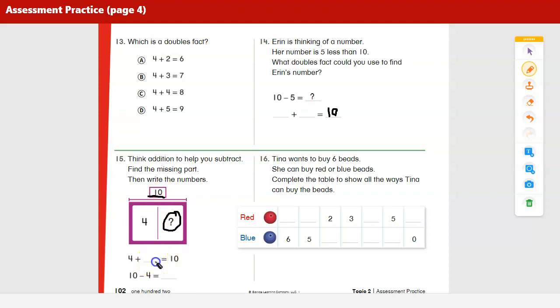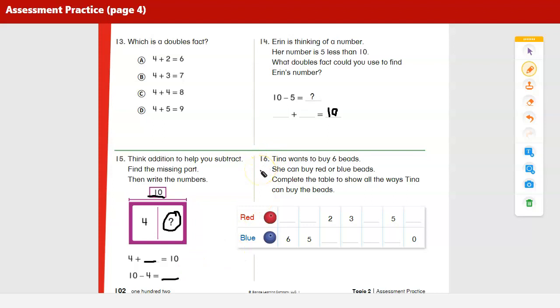So we need to find out first 4 plus what number equals 10. Once we find the missing part for 4 plus blank equals 10, the missing part that is in the top blank will also be the missing part that is in the bottom blank. These two missing parts will be the same number.